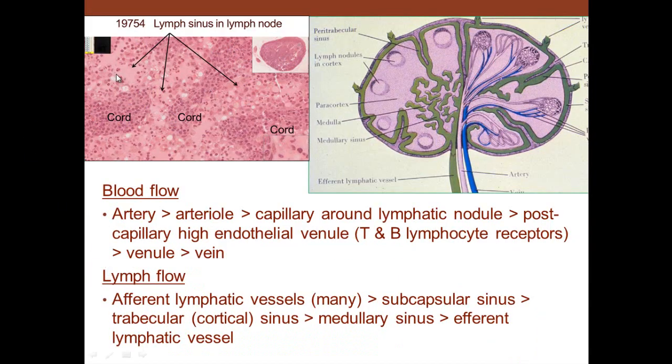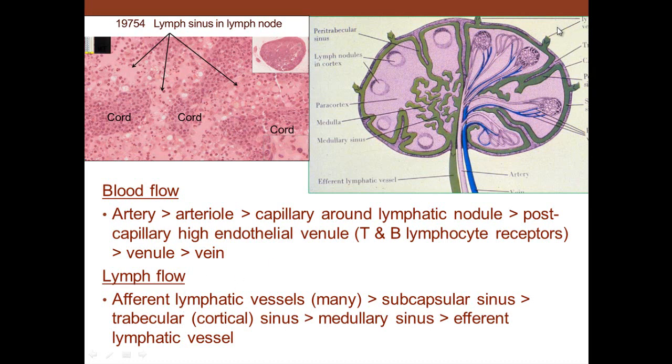So here we can see again the sinuses in through there, and the sinuses and the blood flow. You have an artery, arteriole, then the capillary through the lymph node, postcapillary venules right in through there, where T and B lymphocytes go through a venule and then out through the vein. So they go in through here and then back out through the same hilus region.